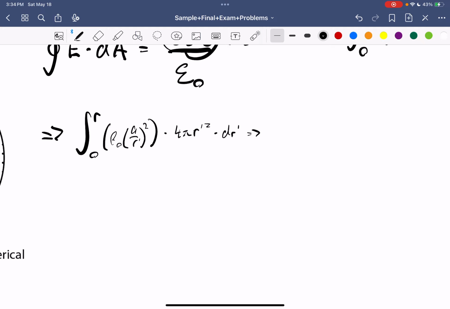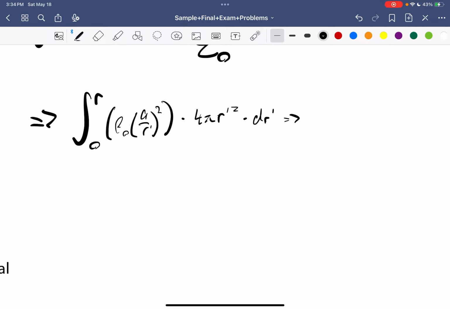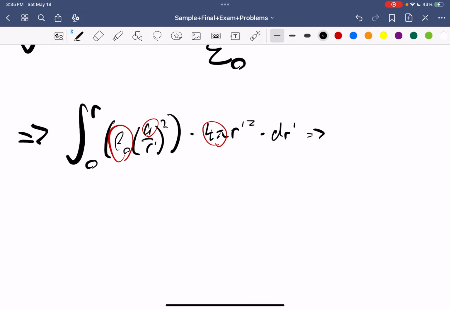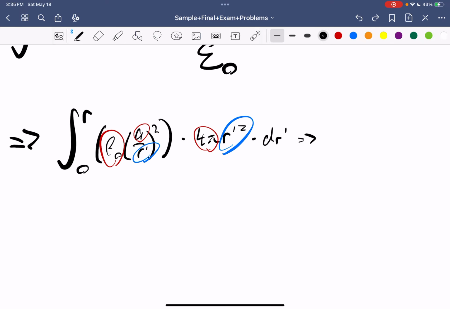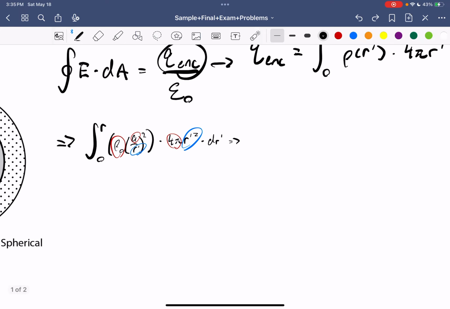Right, now the first thing we can do is recognize that there are some constants that we can move in front of the integral, such as rho sub naught, a squared, and 4 pi, because what we're integrating is r prime. r prime is our focus right here, and that's what we're integrating.